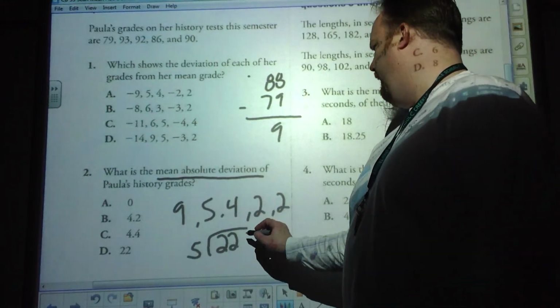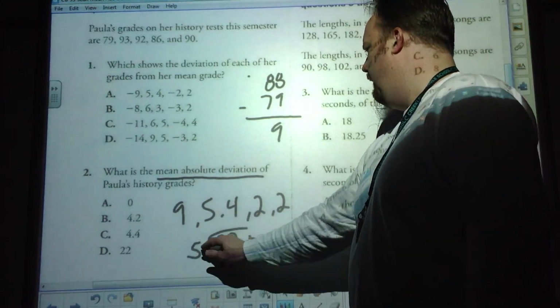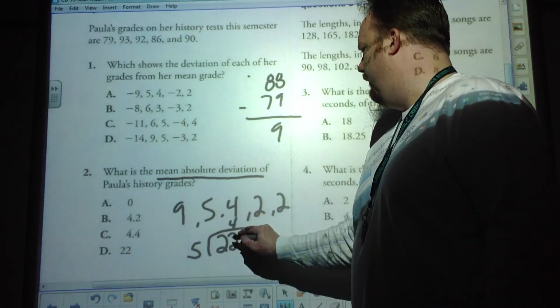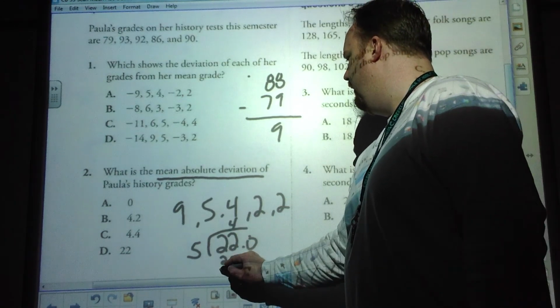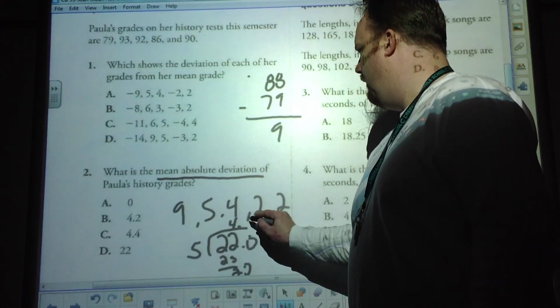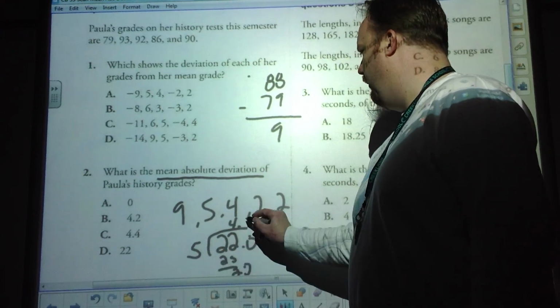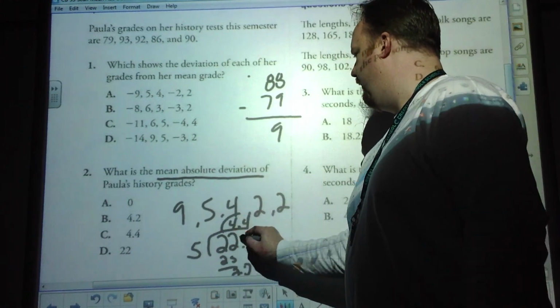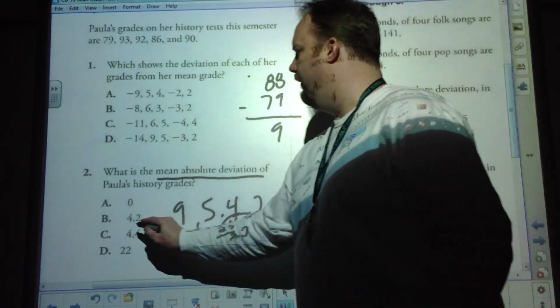I'm running out of room here, but you'll get the point. This is going to go in here 4 times, remainder of 2. Carry a decimal point up. 5 will go into 20 4 times. That's a 4.4. Forgive my writing, and the answer is C.